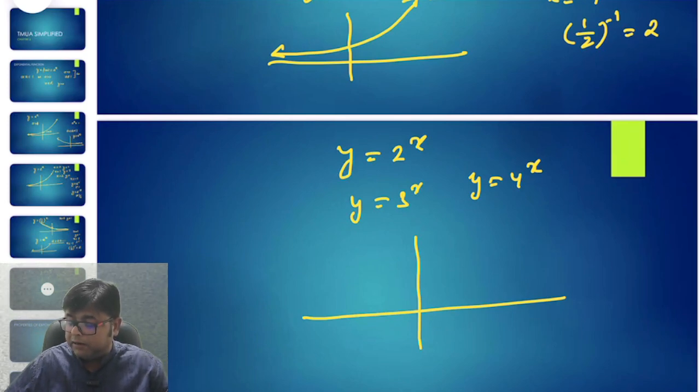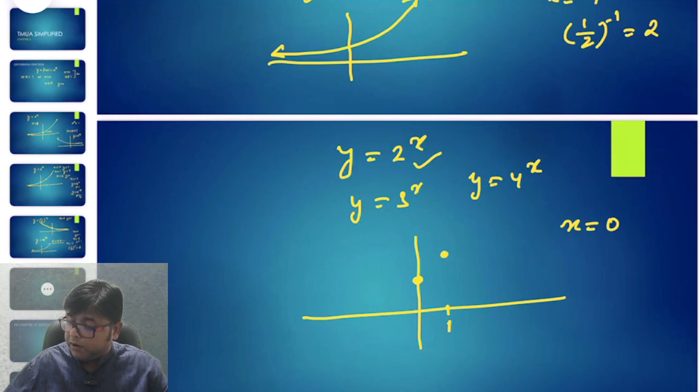I know that 2 to the power 1 will be 2 and 3 to the power 1 will be 3, but at x equal to 0, all of them will be 1. So at 0 it will be 1. But in the case of 2 to the power x, at x equal to 1, the value will be 2.